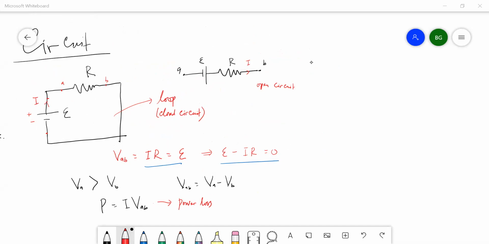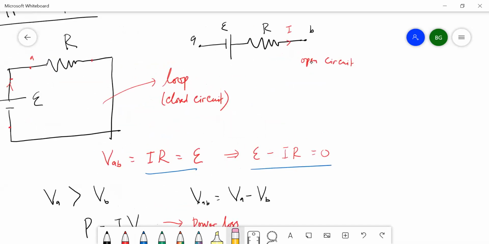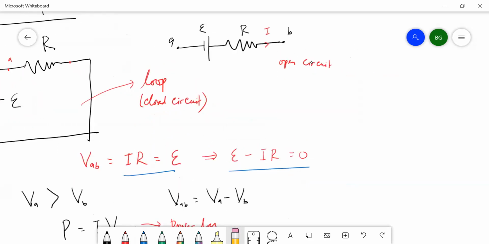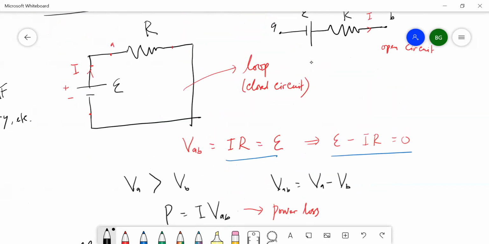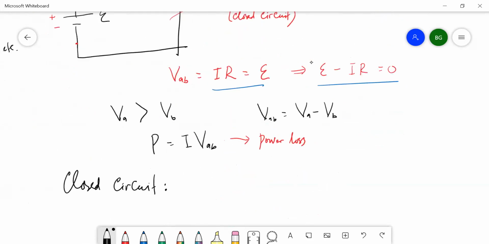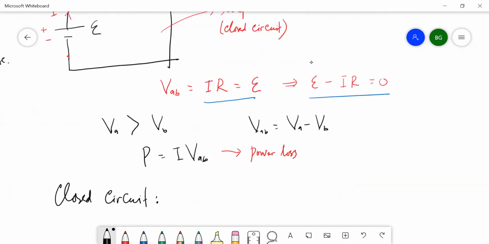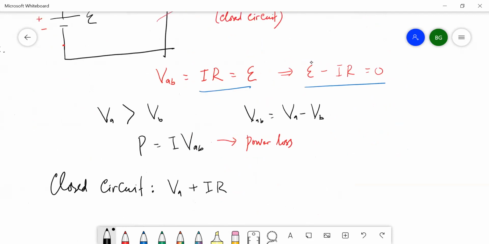So this is for the closed circuit, yeah. Let's say this VA here. We could say that for the closed circuit, if this is A here, we have VA minus IR, okay?